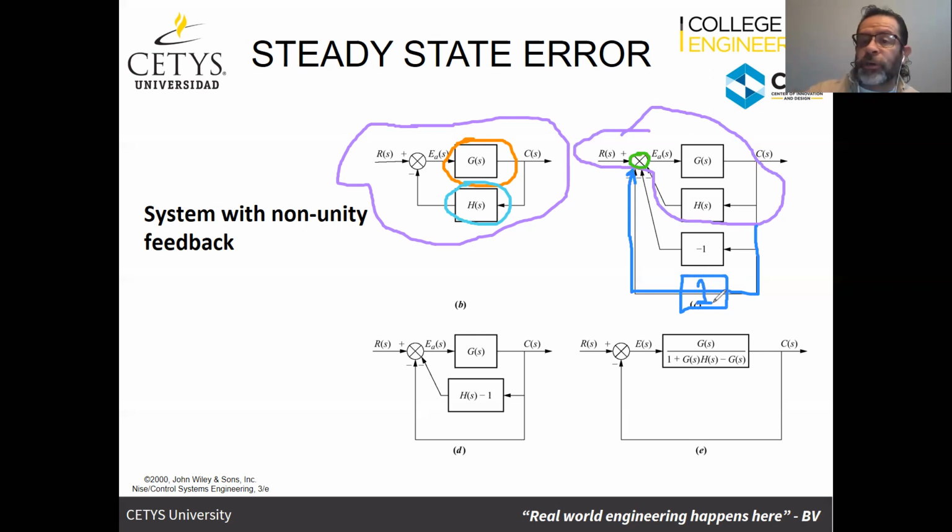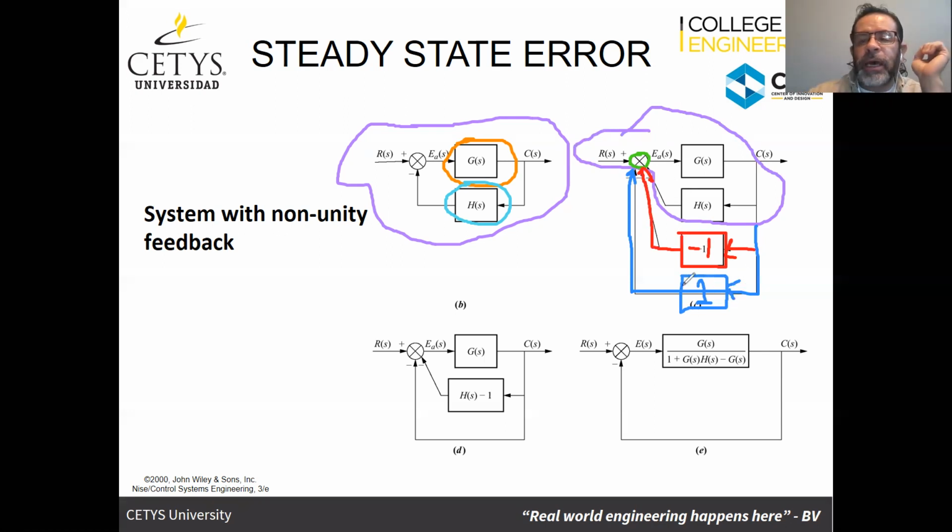If I don't want to alter anything, I'm also going to add another box here with a -1, right? Since this is the summing point, I'm really not changing anything.